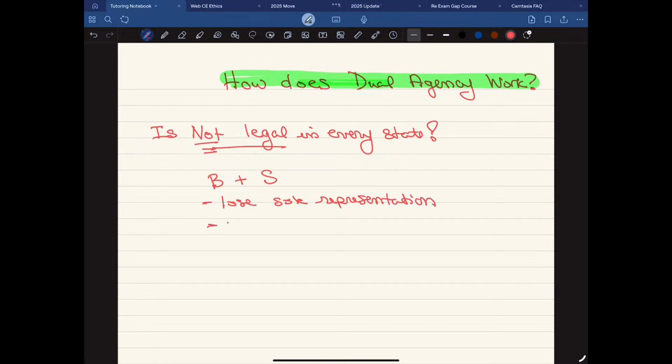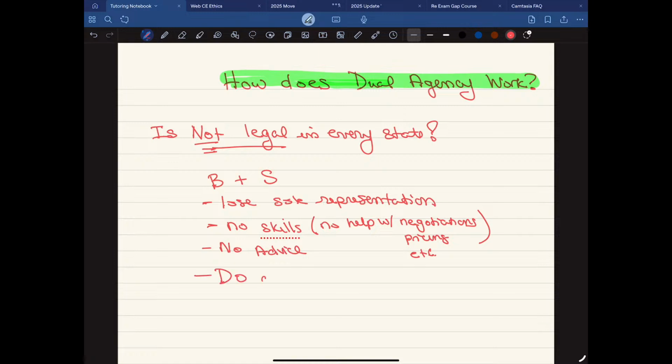So that means there's no skills, so they don't get any help with negotiations or pricing, etc. And they don't get any advice. All they do get is confidentiality.